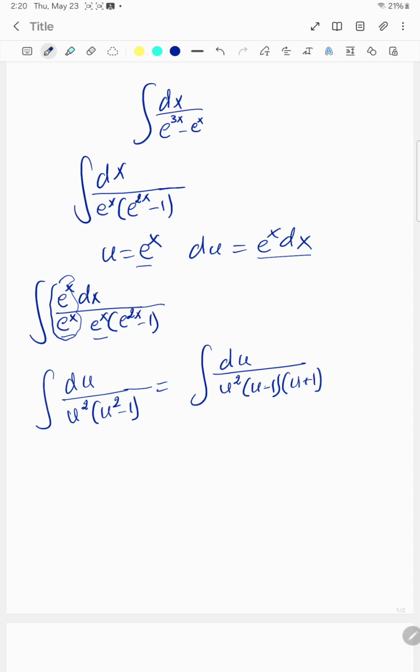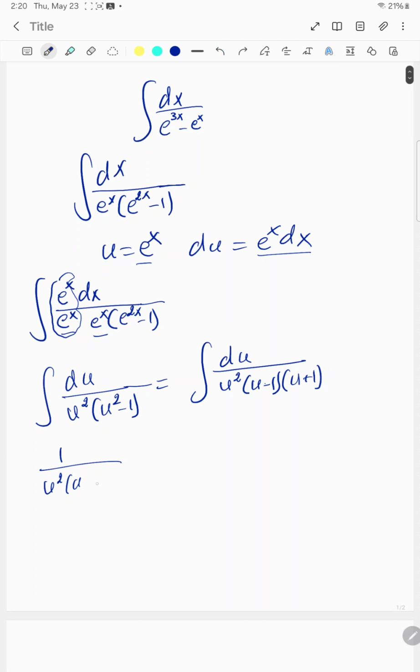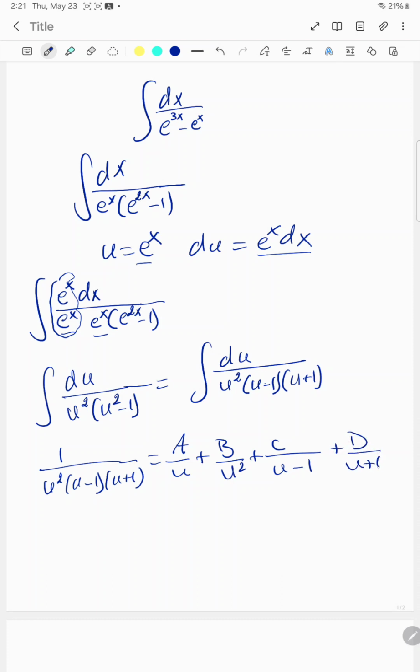My integral here becomes, like, if I take not du, 1 divided by u square times u minus 1 times u plus 1 equal to a divided by u plus b divided by u square plus c divided by u minus 1 plus d divided by u plus 1.